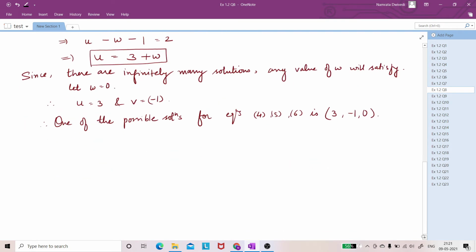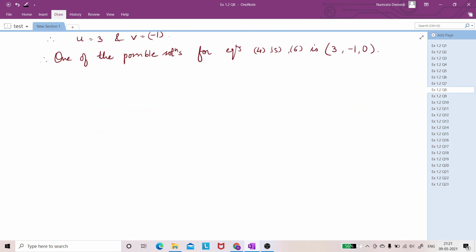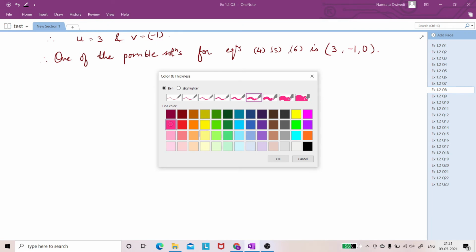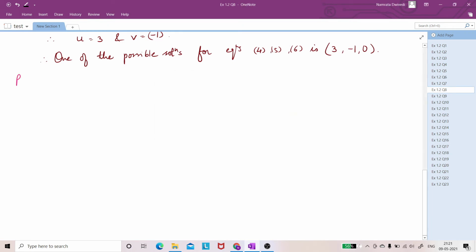Got it? I hope you have understood this. So let's write the result. That's important, right? Always write the result if it is a lengthy question. It's a good habit. So what is the first result?